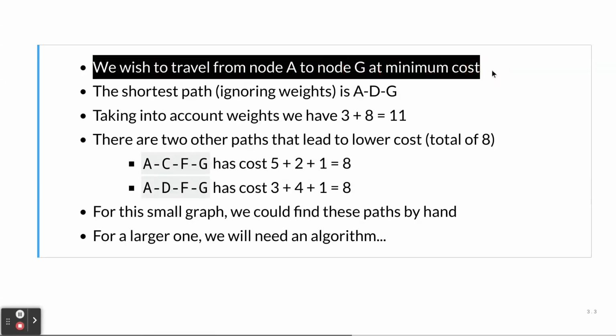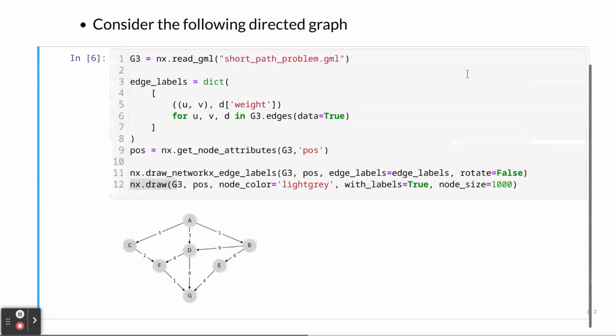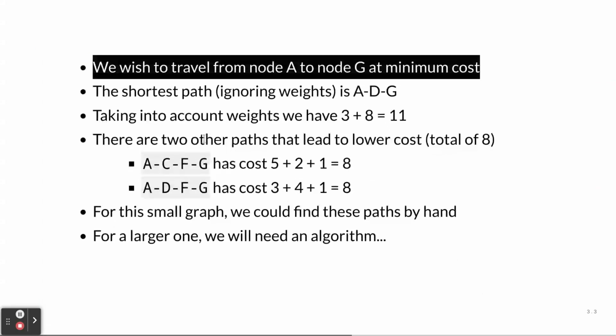Stated here, our objective is to travel from node A to node G at minimum cost. Now, if we ignore the weights, we can go straight down AD and then DG, traversing only 2 edges, which would be the smallest number of edges we need to traverse.